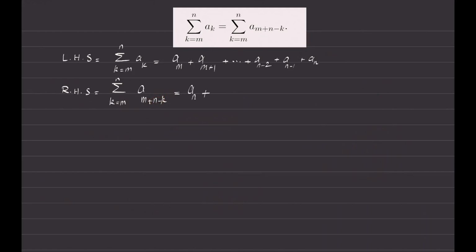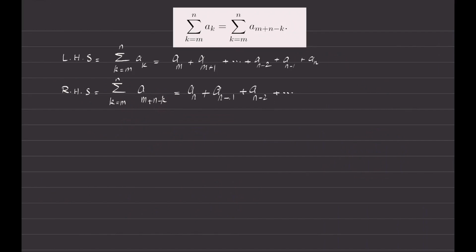If I replace k with the next number, m plus 1, I will have m plus n minus m minus 1, so this becomes a sub n minus 1. And if I change it with the next index m plus 2, I will get a sub n minus 2.